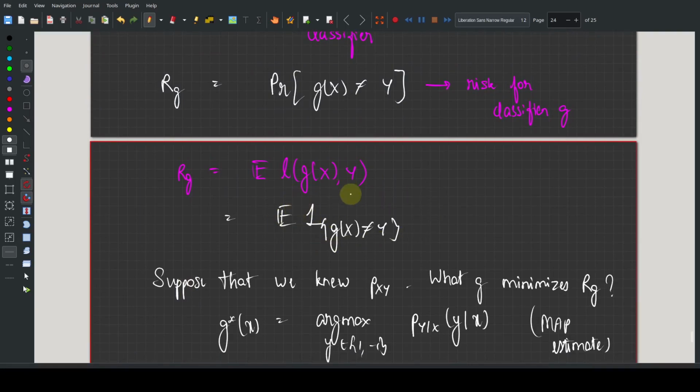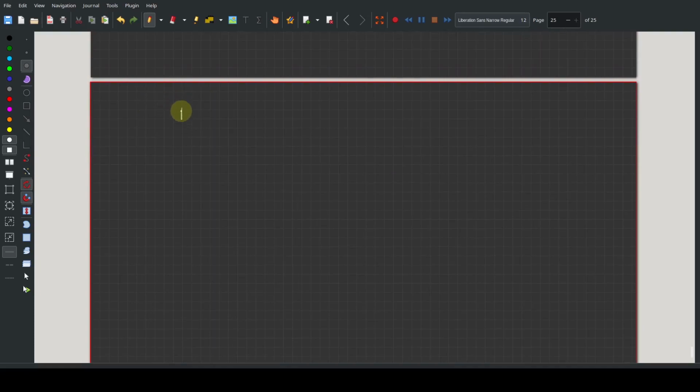We can't compute the average risk anymore, but we can estimate it using the n samples. So we can compute the empirical risk for a given G. You should think of this as a function of the samples.